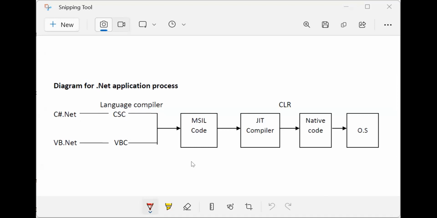When it goes to the compiler, see, this is C#.NET you have written and VB.NET you have written. When it goes to the engine, I am comparing it to a car: whether it is automatic or manual, whether your car has Alexa or not, that doesn't matter. The main important thing is whether it is going to the engine or not.